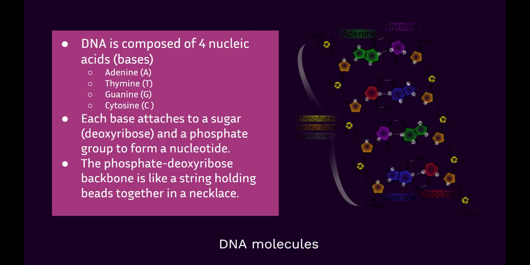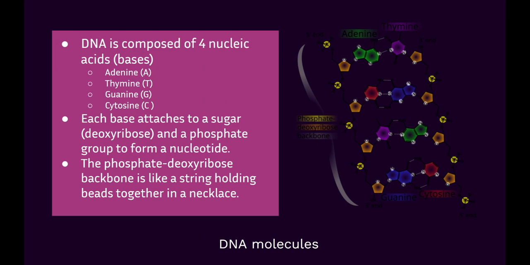But anyway, DNA is composed of 4 nucleic acids that are known as bases. I'm not going to worry too much about purines and pyrimidines. We're just going to talk about adenine, thymine, guanine, and cytosine. They are the building blocks of DNA, and they fit together in a certain way. Adenine and thymine go together.